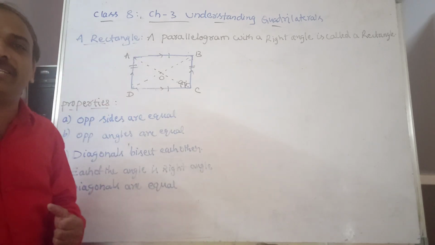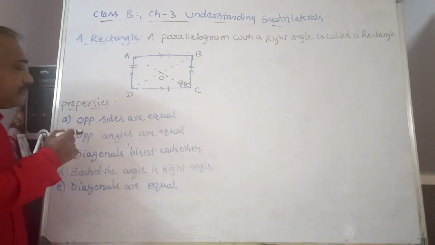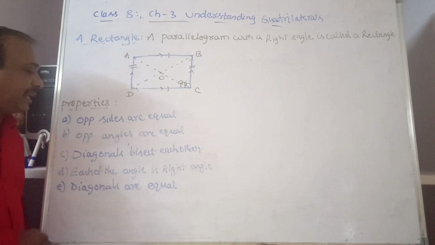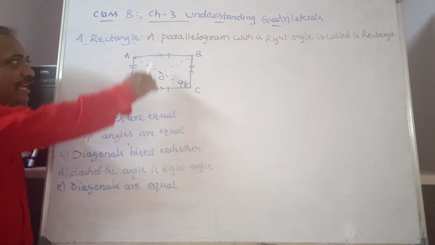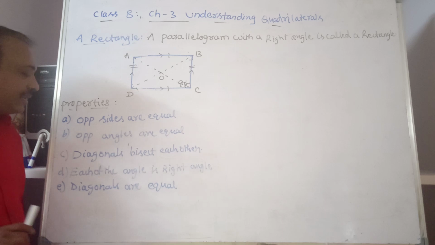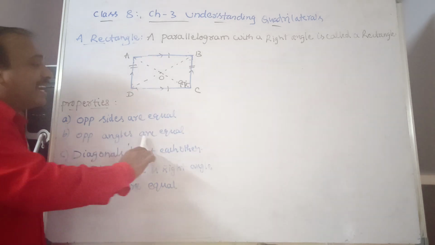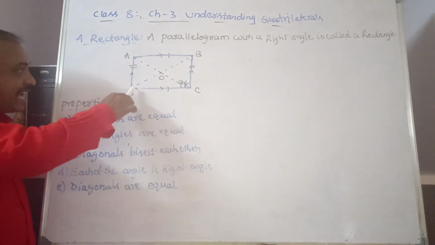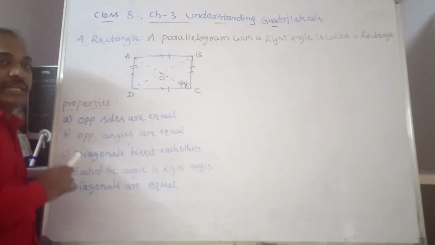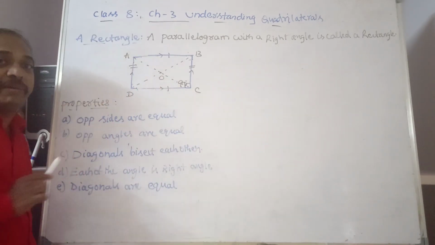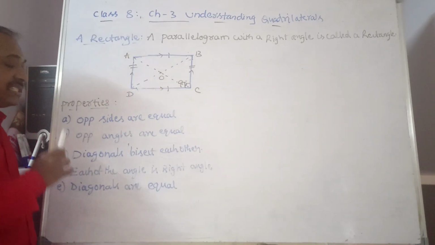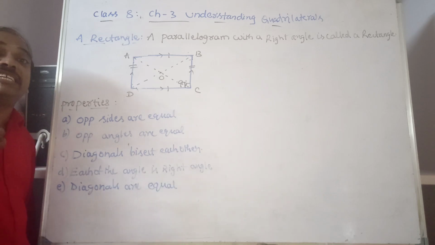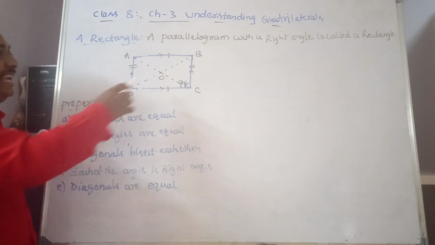Opposite sides are equal. Opposite angles are equal: this angle is equal to this, so if it is 90, this also will be 90. Next, one more property we learned: adjacent angles add up to supplementary.